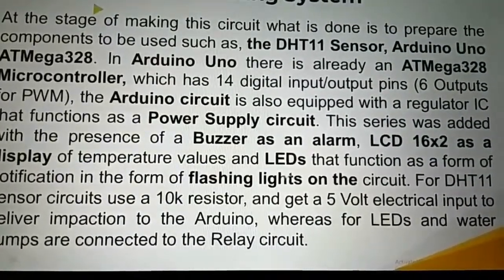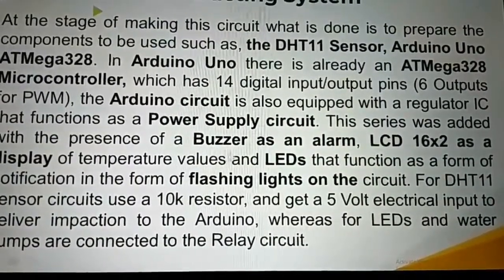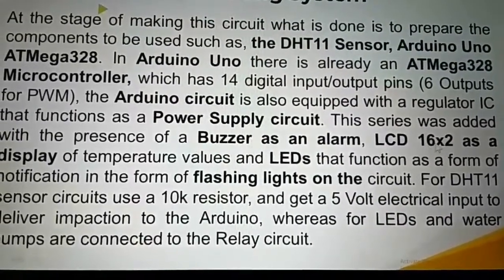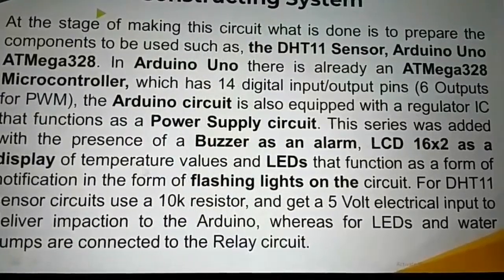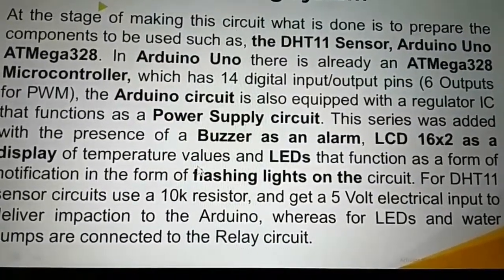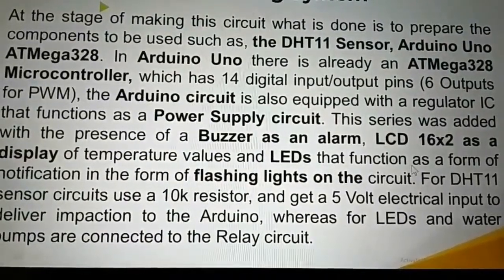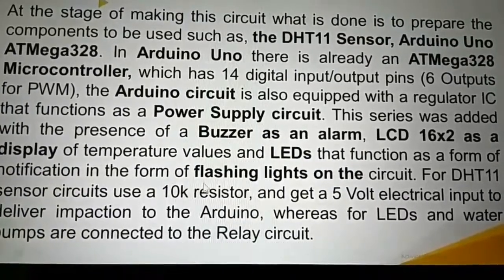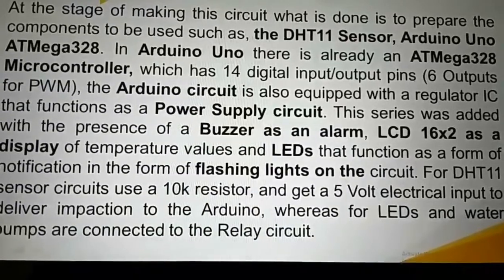This circuit was added with a buzzer as an alarm, an LCD 16x2 as a display of the temperature value, and the LEDs that function as a form of notification in the form of flashing light on the circuits.